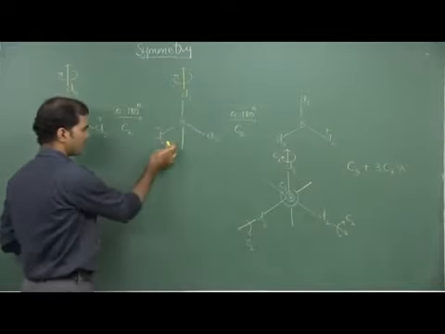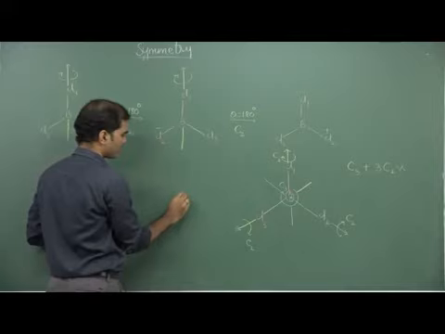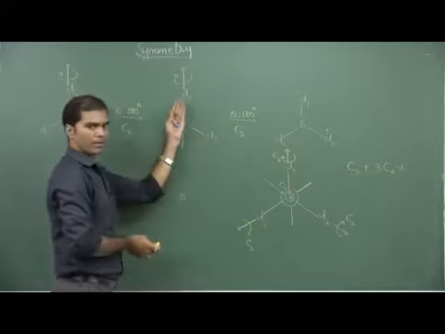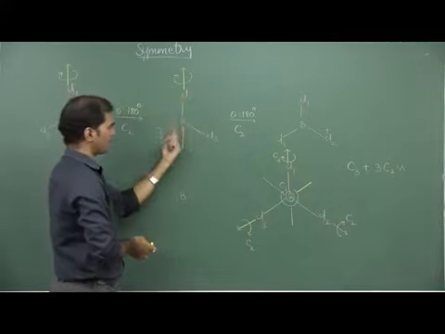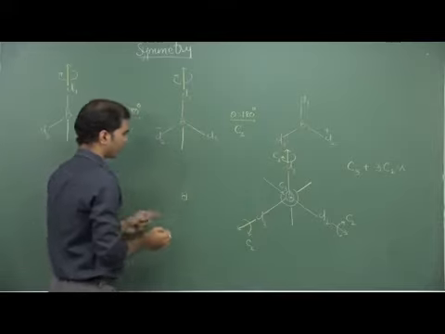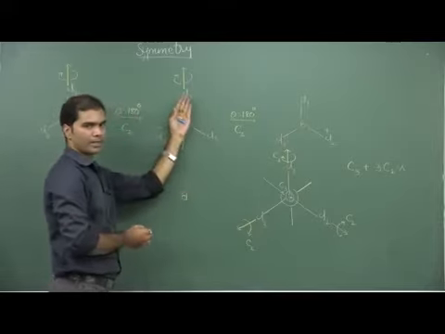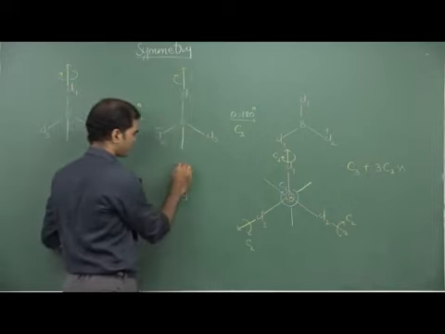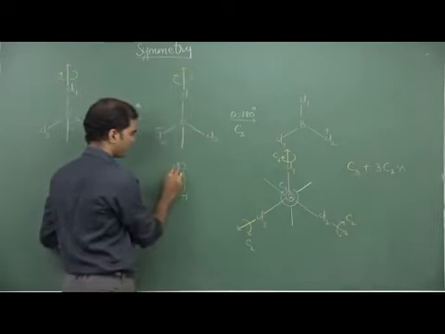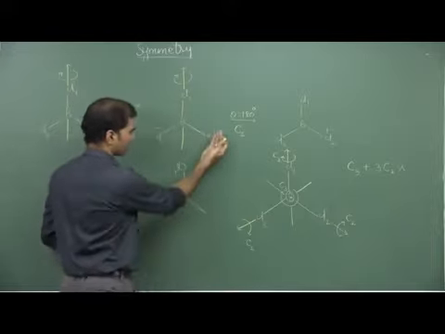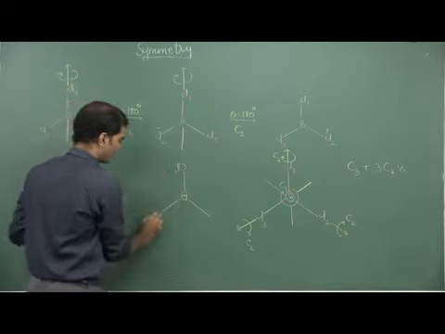To represent this, in some books what we find is, suppose this is the boron, I am trying to rotate the boron, the 180-degree rotation is also going through this boron. So let me put boron this way, because the boron is also rotating. This chlorine is rotating. Now this is chlorine 1. This chlorine has come to this end, so let me put that as chlorine 3.